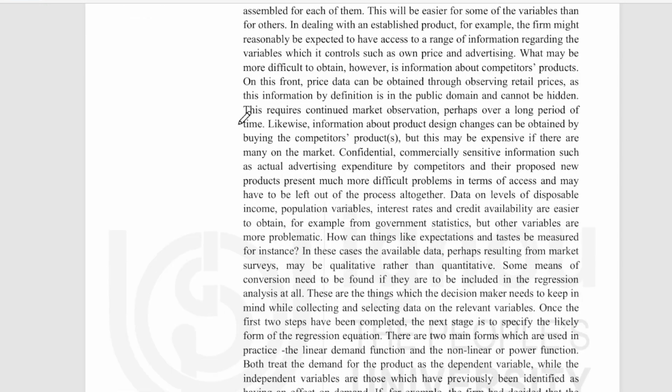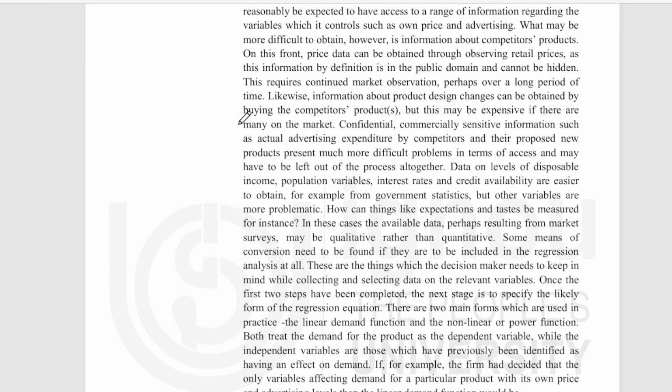This requires continued market observation, perhaps over a long period of time. Likewise, information about product design changes can be obtained by buying the competitors' products, but this may be expensive if there are many on the market.